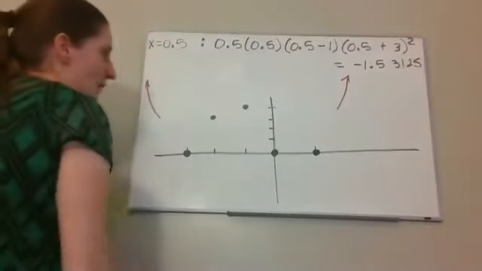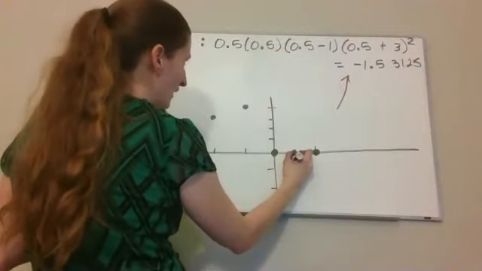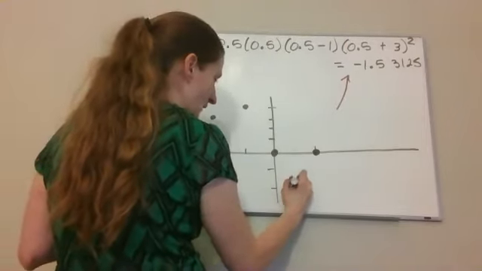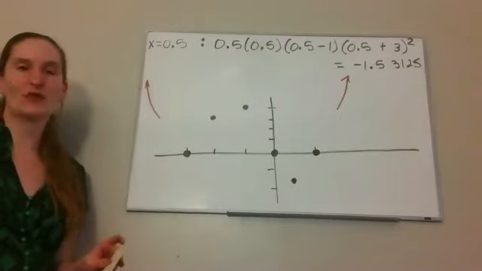So we'll just estimate that. 1/2 and about negative 1.5. So somewhere in here.